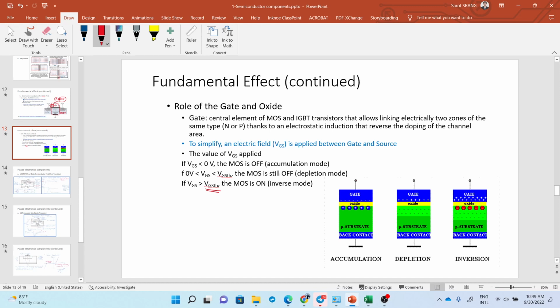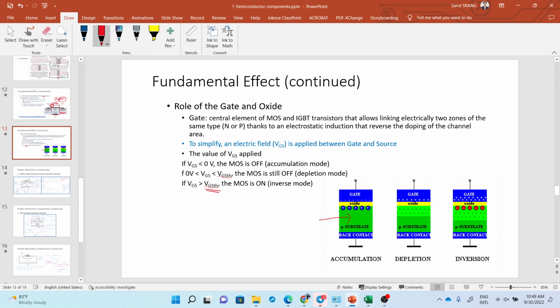This is plus, this is minus. P substrate. For in this case, no conductivity. This one just accumulates charge but cannot conduct. But in this case, it can conduct.